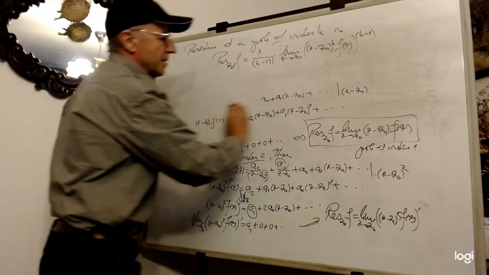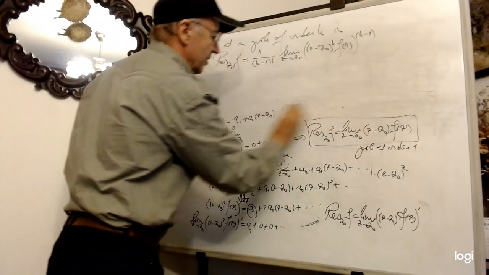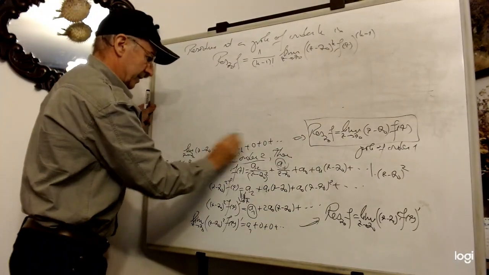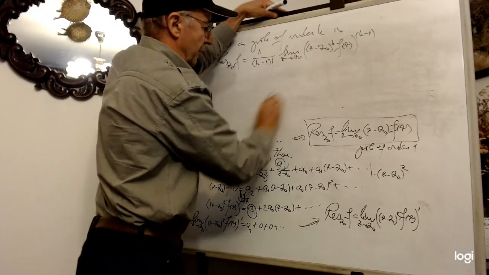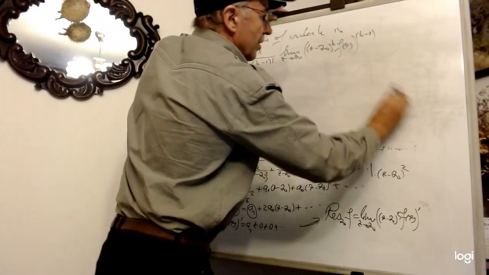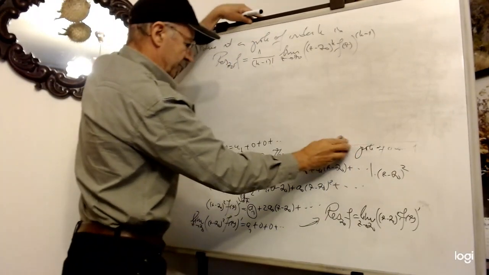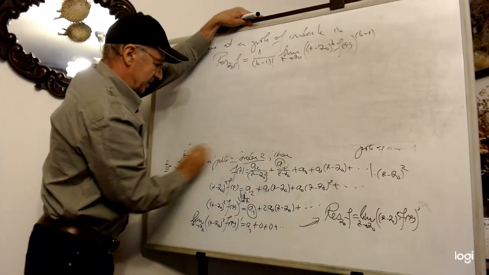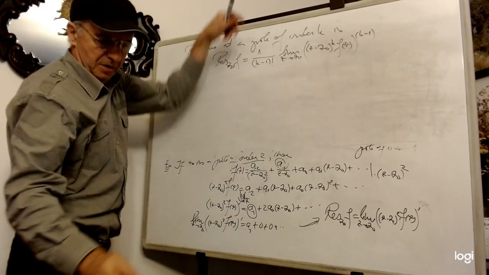In the case when the isolated singular point is not a pole, in order to compute the residue, we have to obtain, if possible, the expansion directly.